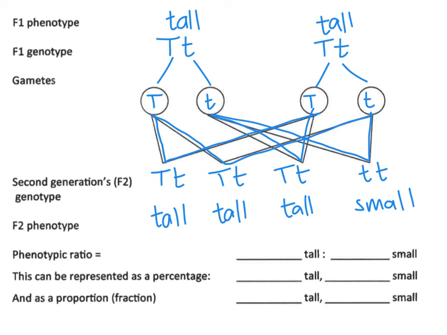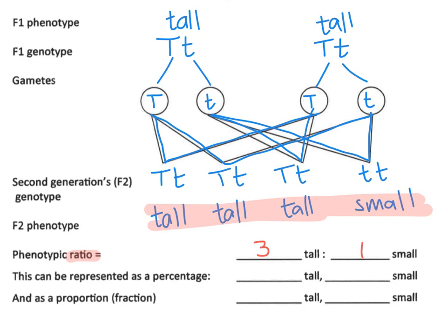Okay, so pause the video if you need to. The phenotypic ratio, so remember this is our phenotype here. So 3 out of 4 are tall, 1 out of 4 is small. Sometimes you're asked for the ratio, so in this case the ratio is going to be 3 tall to 1 small.